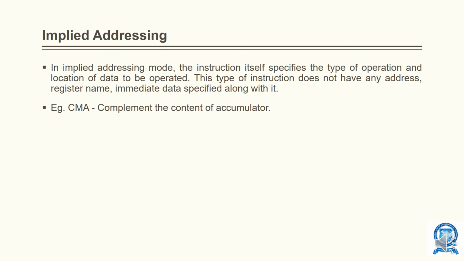Say, for example, CMA, that is, complement the content of the accumulator. See, the instruction itself specifies where the data is, so you need not specify any other address or data in this type of addressing.